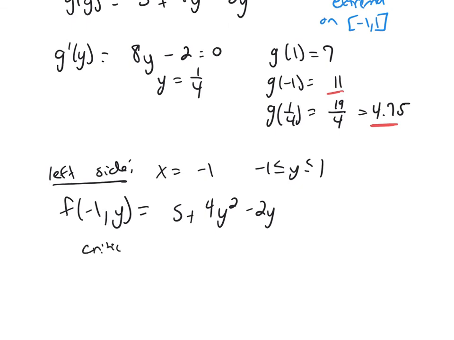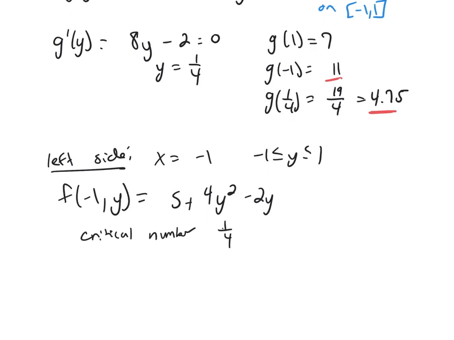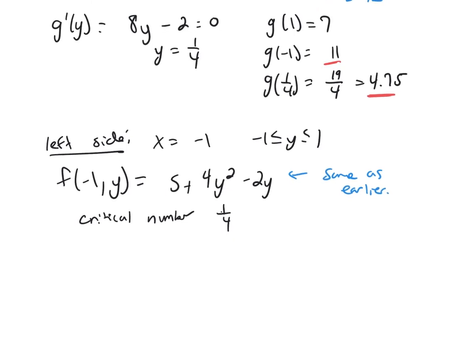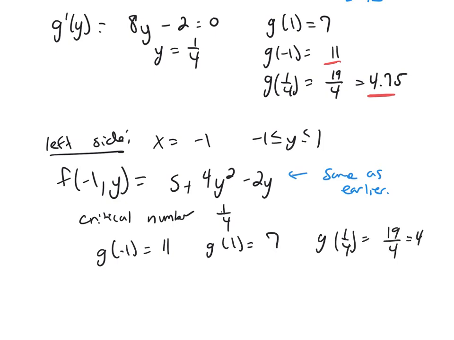Our critical number was 1/4. So this is the same as earlier. So I plug in my endpoints into my function g now. You get 11 and 1/4 is 19/4. So here's my minimum, here's my maximum again.